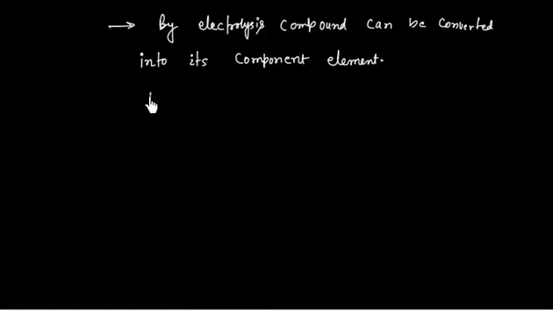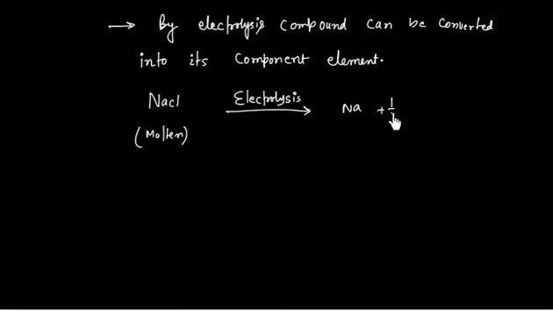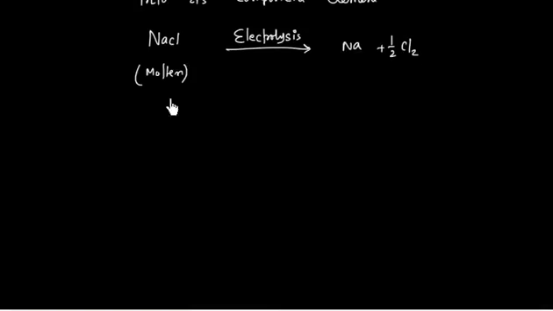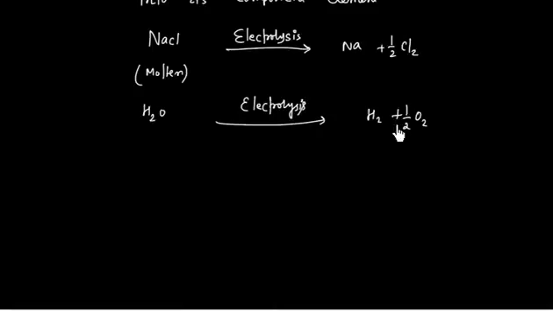Something like NaCl, if I have molten or fused NaCl and I do electrolysis, we will have sodium plus chlorine gas. Similarly in case of water, if I have H2O and we do electrolysis, we will have hydrogen plus oxygen. So a compound can be converted into its component elements by electrolysis. So these are the three properties of compounds.